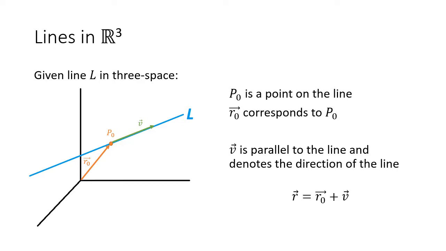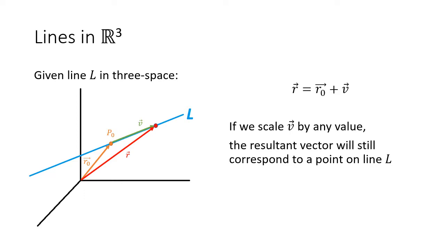And then now it's just a matter of vector arithmetic. I'm just adding those vectors. R0 plus v gets me to another point on that line. And here's the genius part about this definition.